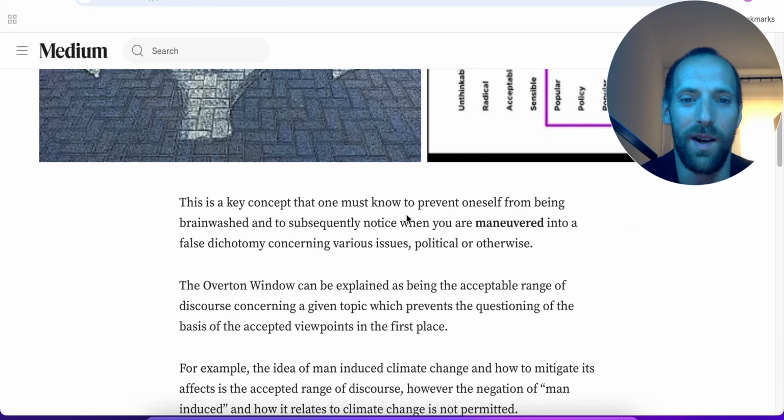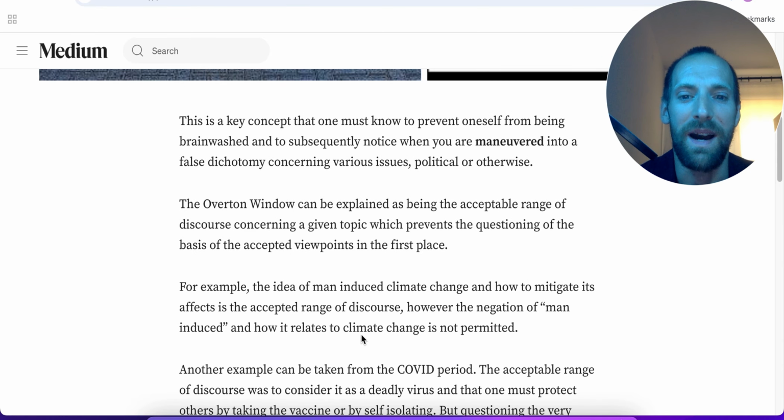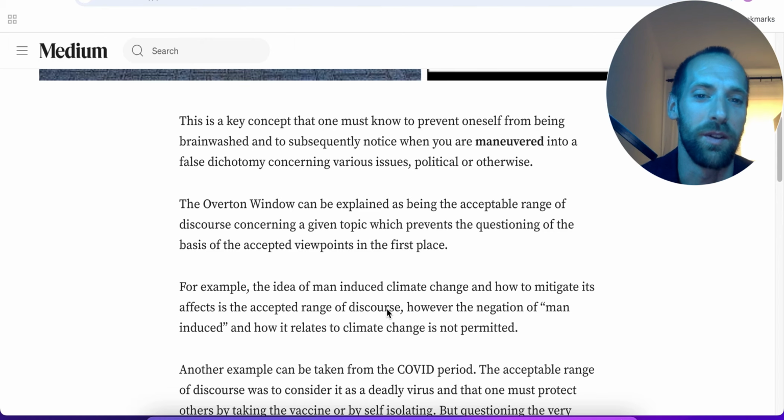So one example is man-induced climate change. From the outset, this is already proposed as a problem, but the mainstream media creates this Overton window where man-induced climate change is already accepted as a given, and then the discourse thereafter is controlled based on this assumption.